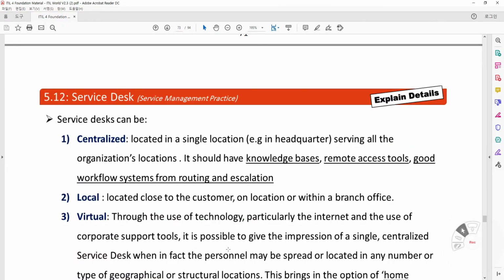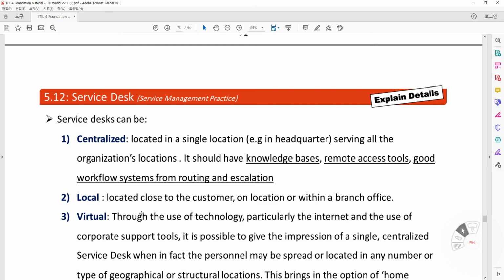Service desk can be centralized, located in a single location, for example, headquarters serving all the organization's locations. It should have knowledge bases, remote access control tools, and good workflow systems for routing and escalation. Local service desks are located close to the customer's own location or within a branch office.